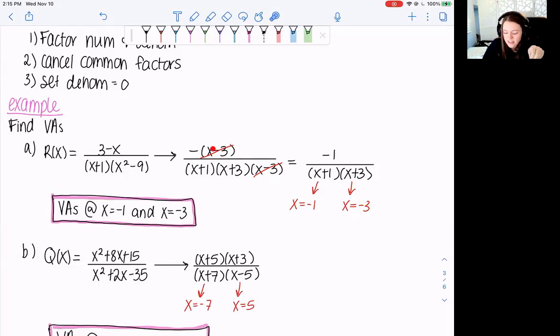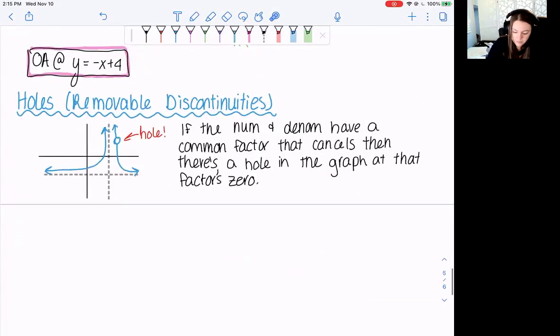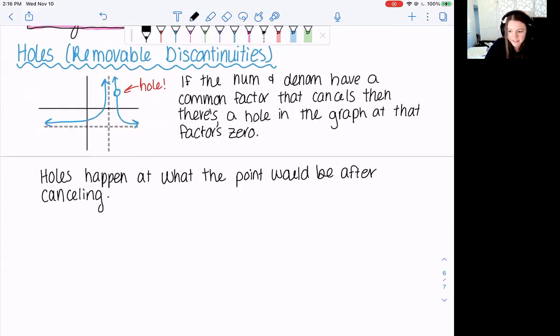And then to find the y value, you take that value, 3 in this case, and you plug it right back into the canceled form. Right, so holes happen at what the point would be after canceling has taken place.